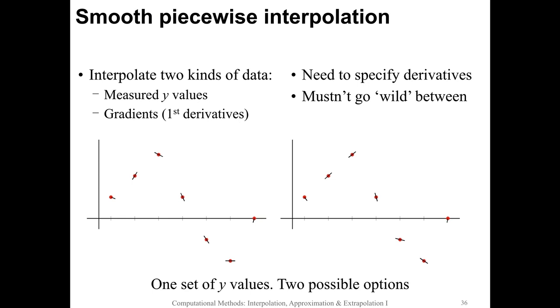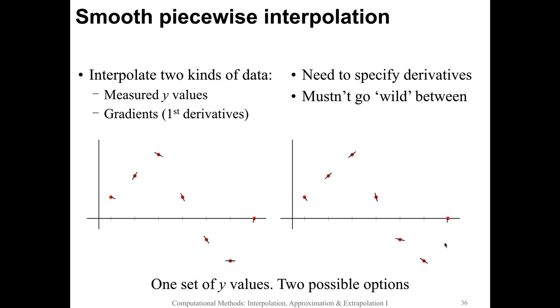And here we've got two illustrations for the same data set. In terms of the measured y values, if you look at the heights of the red points, it's the same in both cases on the left and the right. But the little lines illustrate the derivatives of the function that we'd like to go through. So it's the same data set, but the derivatives are slightly different between the two.